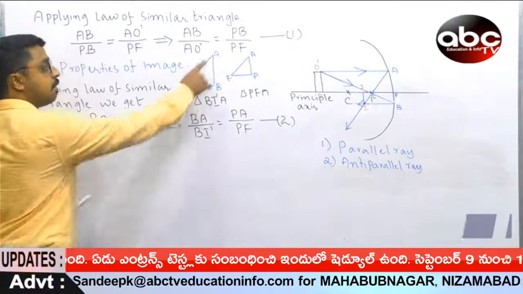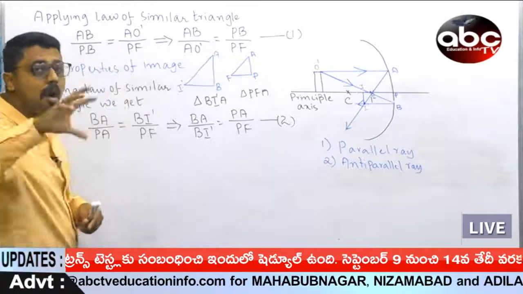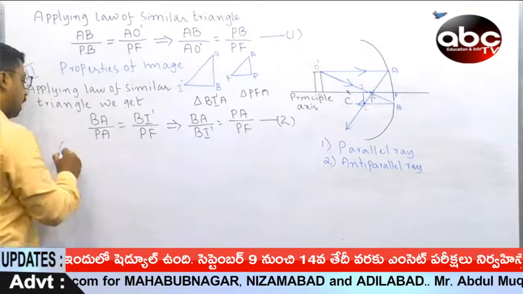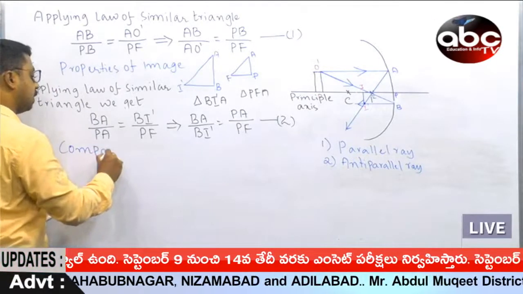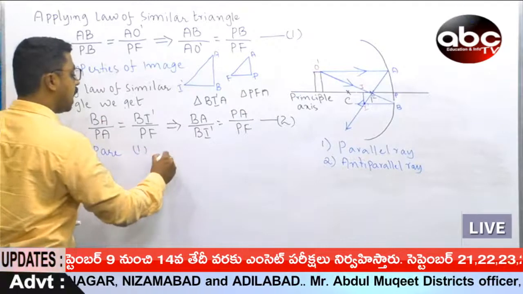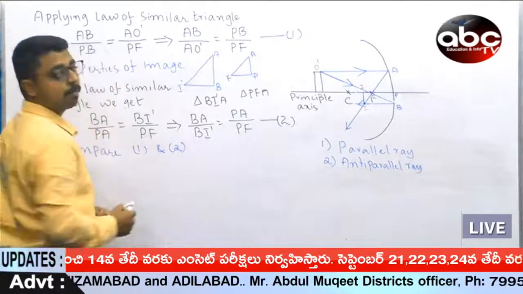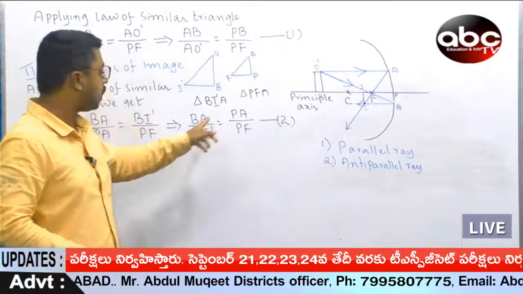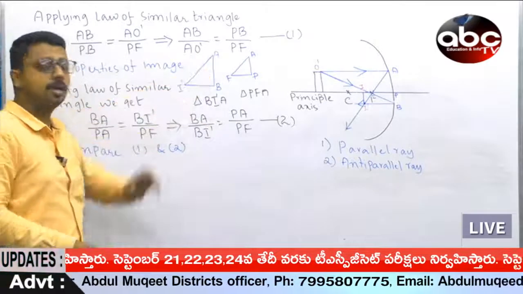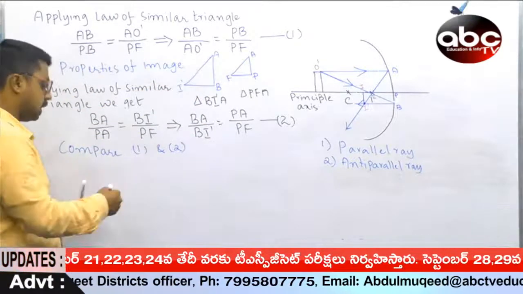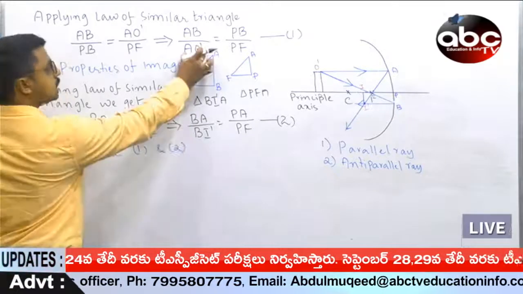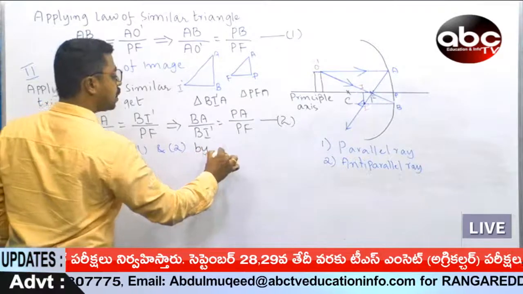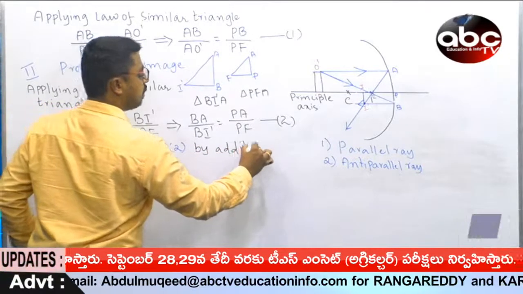From the first equation we got the properties of the object, and from the second equation we got the properties of the image. Now let us compare equation 1 and equation 2, because the ray diagram is a combination of object and image. Let us write here: first equation, LHS to LHS, RHS to RHS by the addition method, that is 1 plus 2.